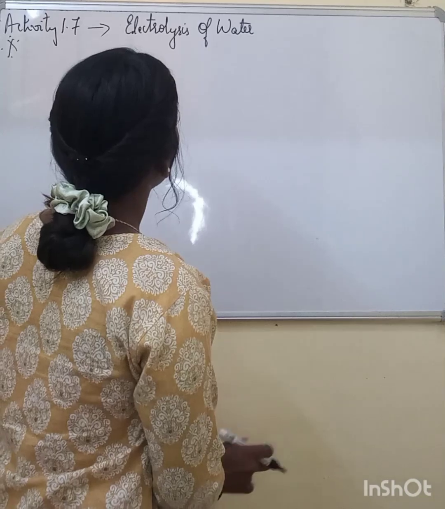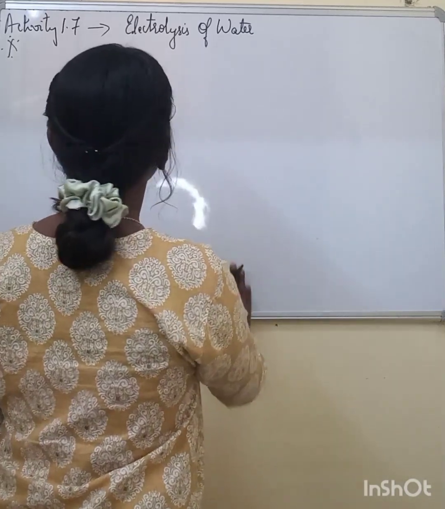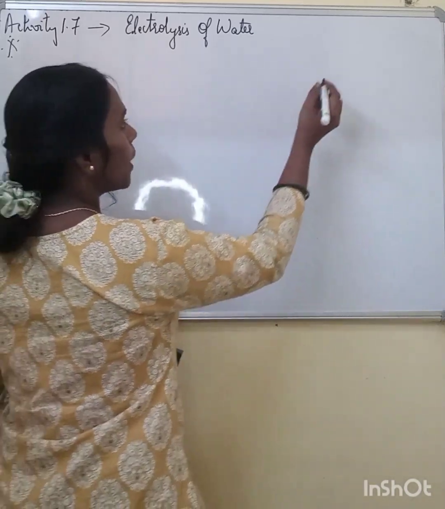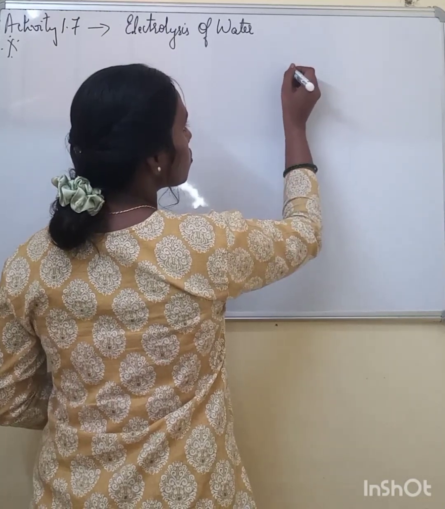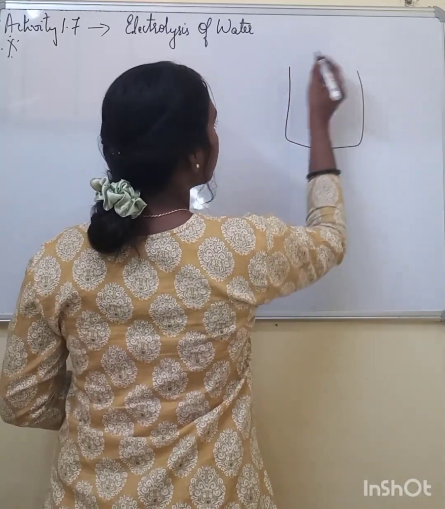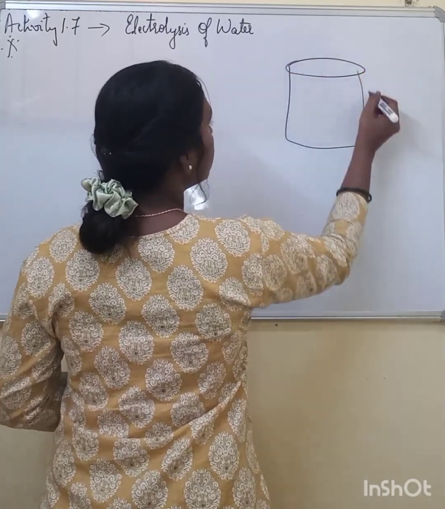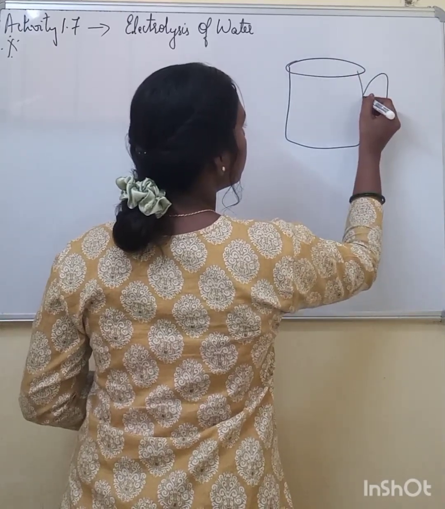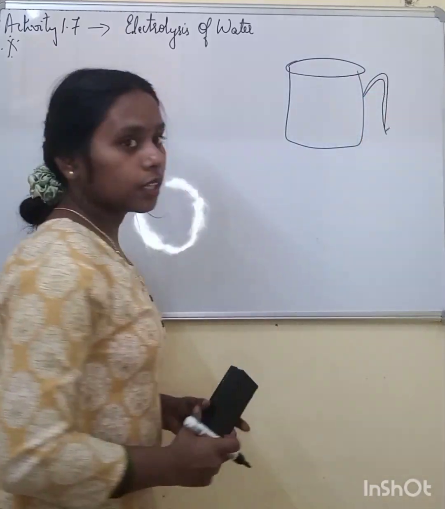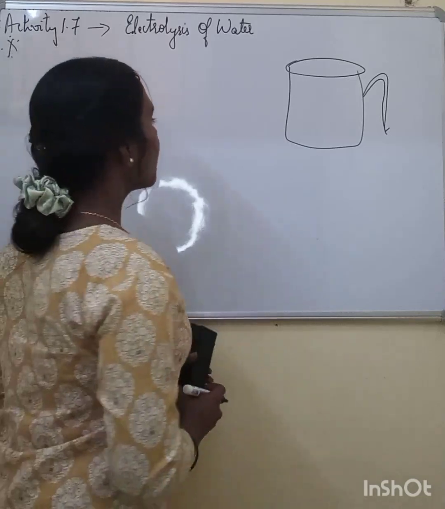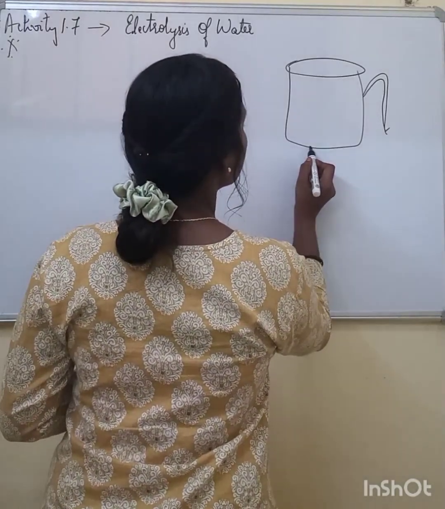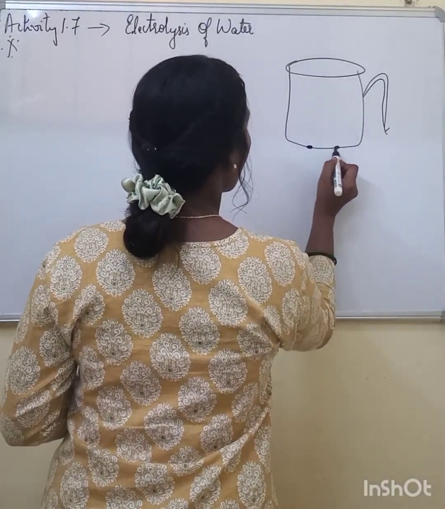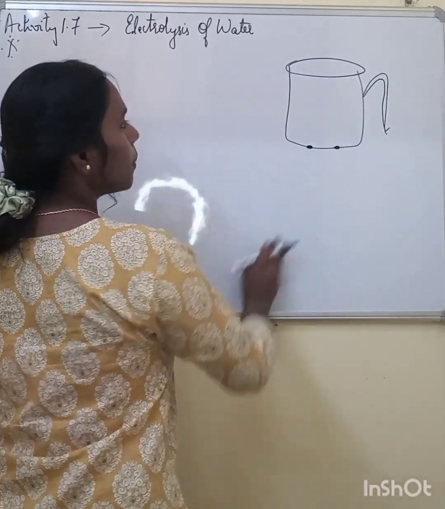So now let me explain to you. In this activity it says that first take a plastic mug. So let me draw a plastic mug. You are taking a plastic mug and they are asking you to drill 2 holes at the base of the plastic jar.